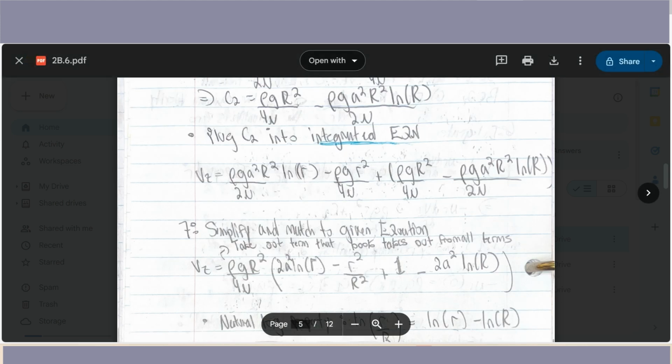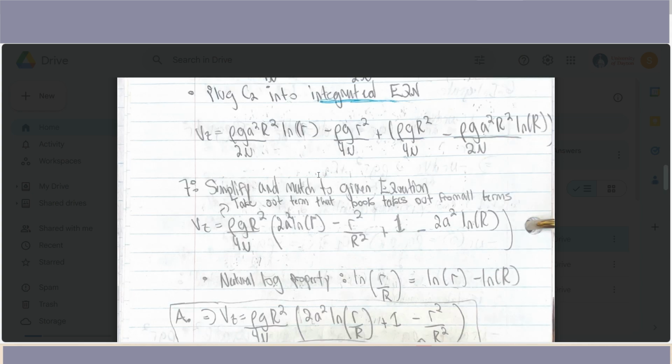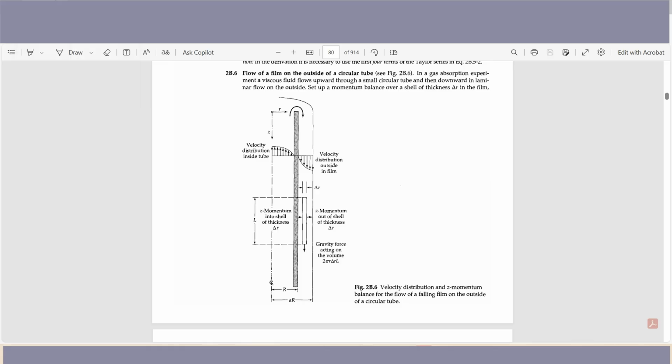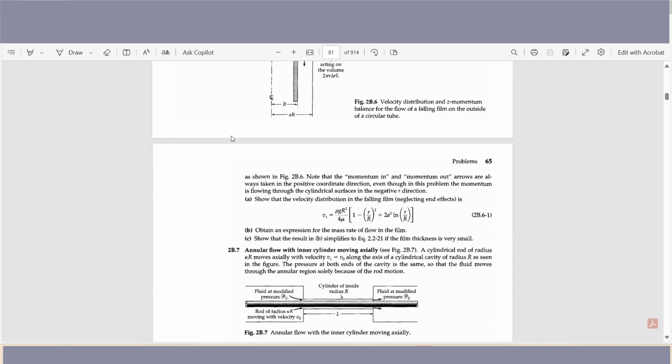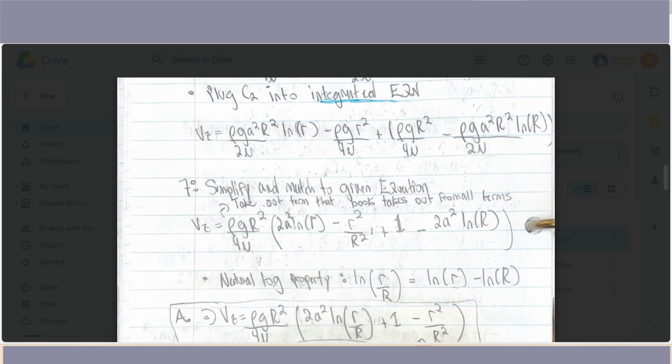So now we're simplifying it to match the given equation. So the equation is this. One of the main things is you just look at the conglomerate terms, and then you factor this out. So do whatever you can to factor that out. And that's what I did.